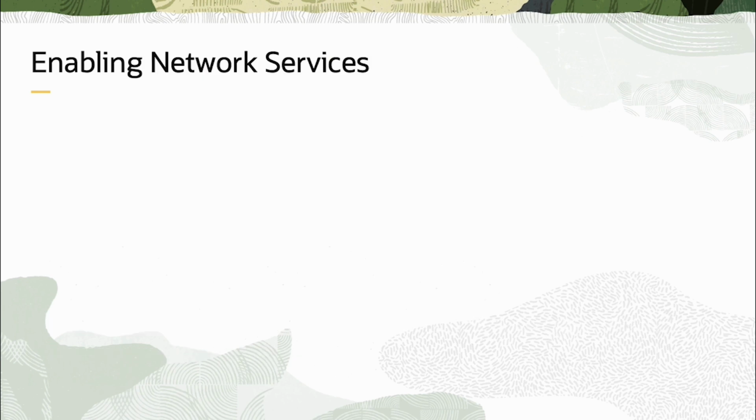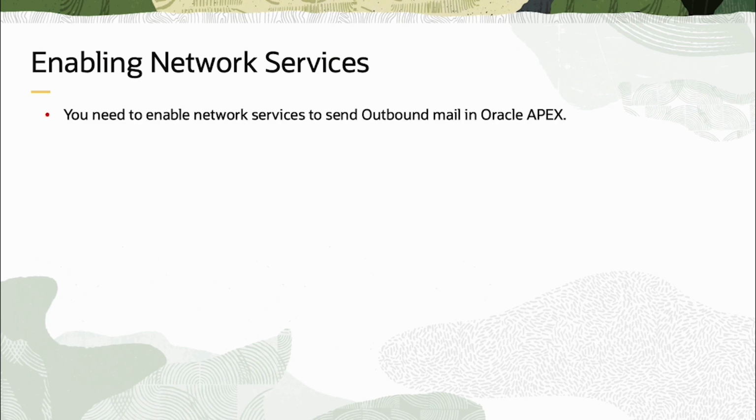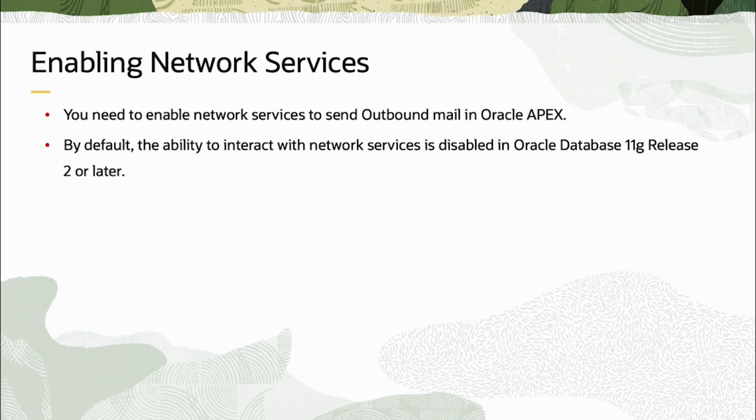If you are hosting Apex instance on an on-prem database or on a non-autonomous database, you will have to enable network services to send outbound mails in Oracle Apex. By default, the network services are disabled, and you would have to enable these services manually.